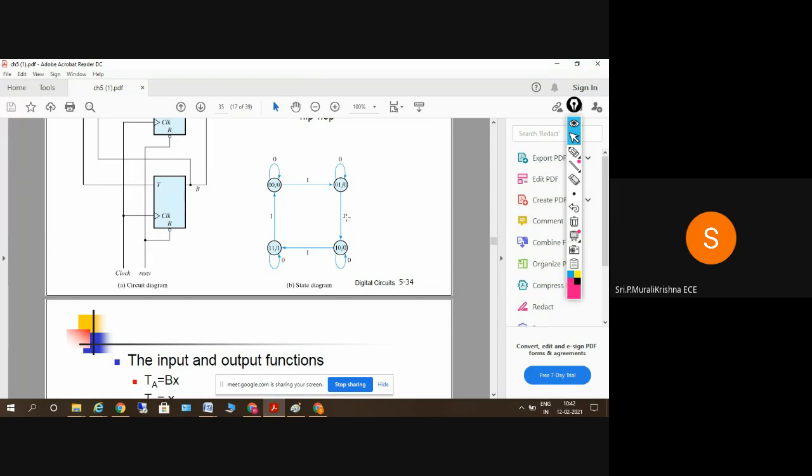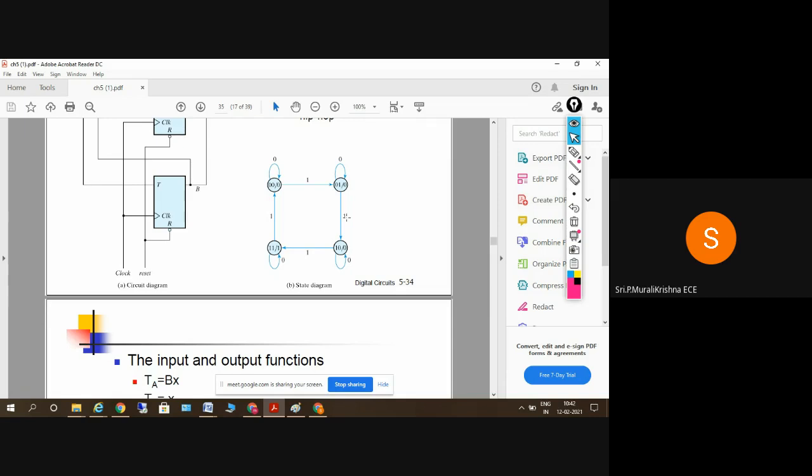In the case of analysis, a diagram will be given. After that, you have to find the state equations, and from the state equations you find the state table. D flip-flop is quite easy, but for JK and T flip-flops we have two methods.